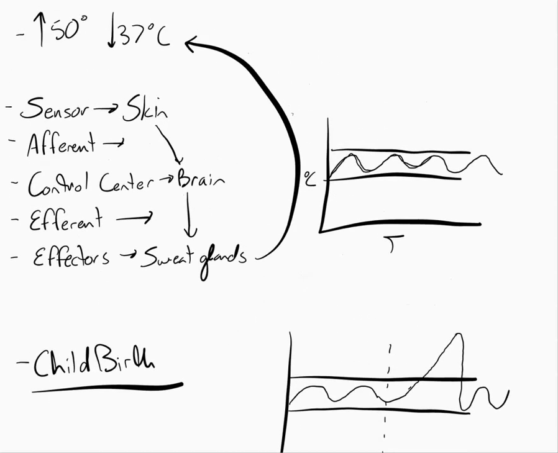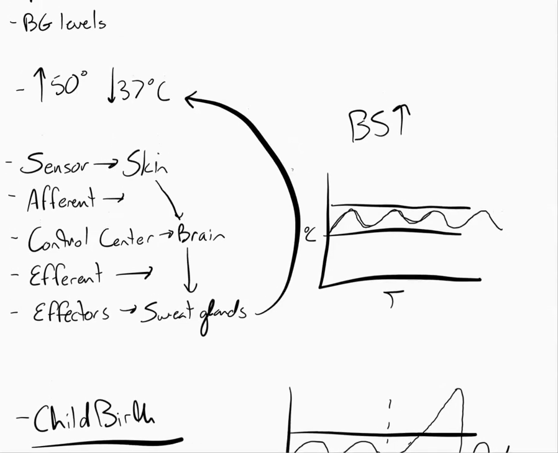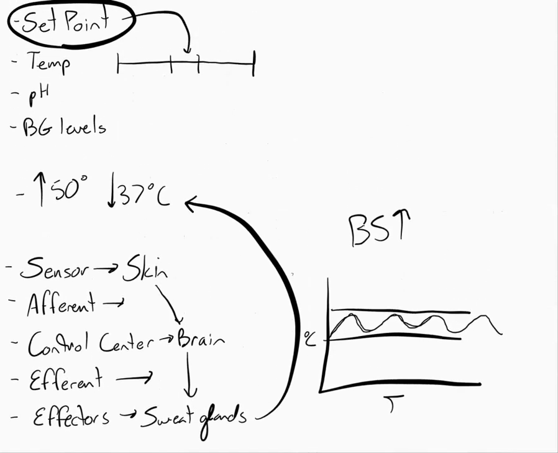A good example of negative feedback is most systems of the body. We could use that skin example, or we could say within the pancreas, as blood sugar levels rise, we want to start storing that glucose, so there's a release of insulin from the pancreas.